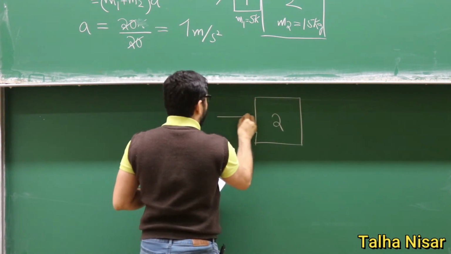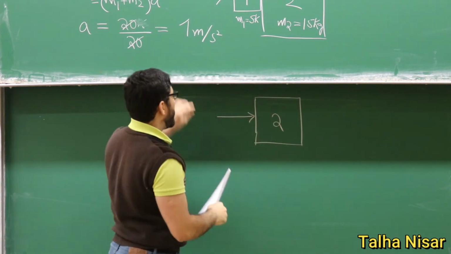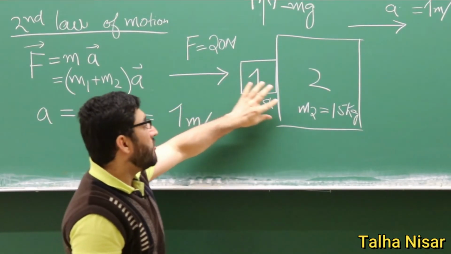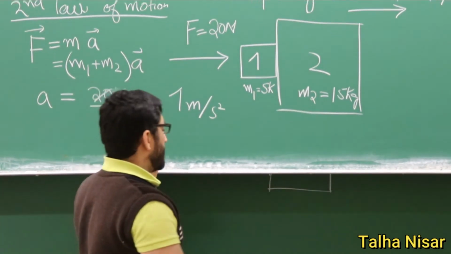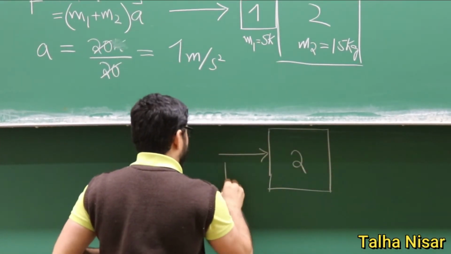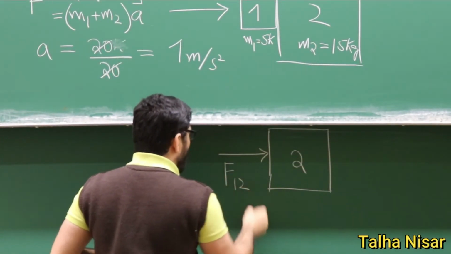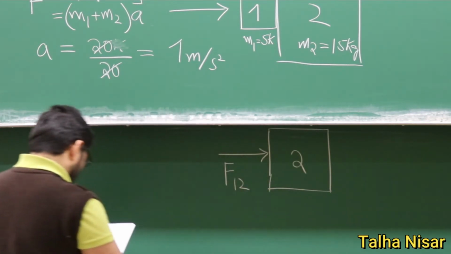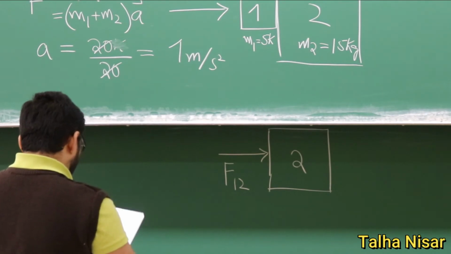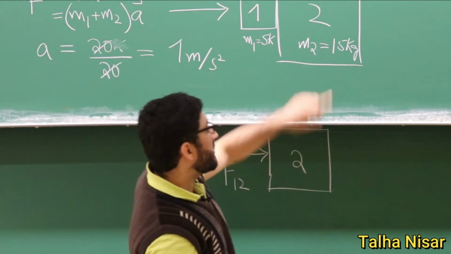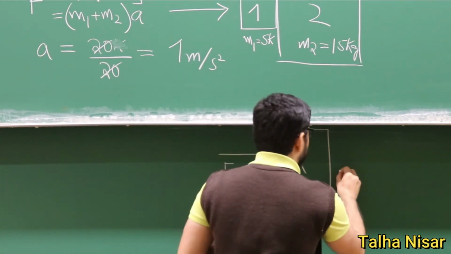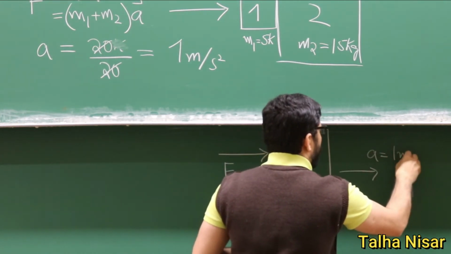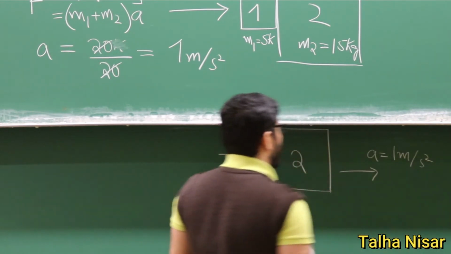The force acting by object 1 on object 2 we call F1,2, meaning object 1 is exerting a force on object 2. And we just calculated that this object 2 is accelerated with the acceleration of 1 meter per second squared.